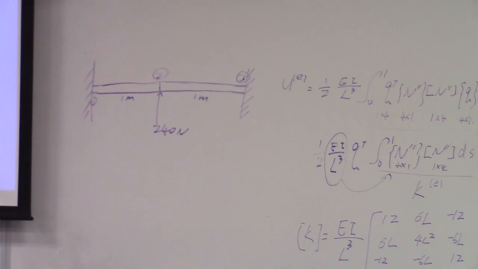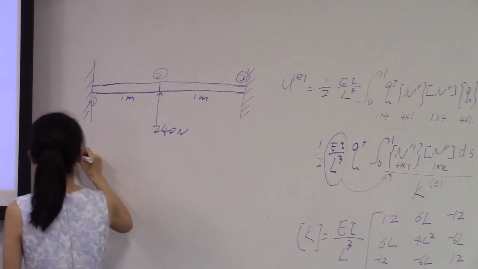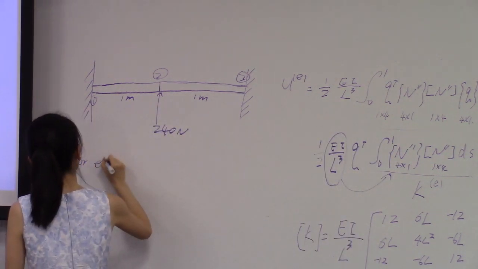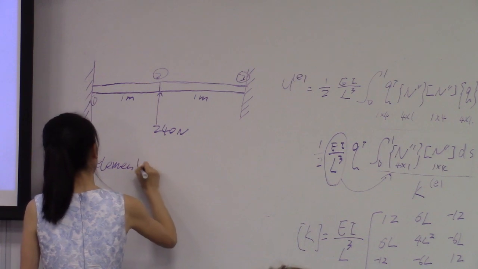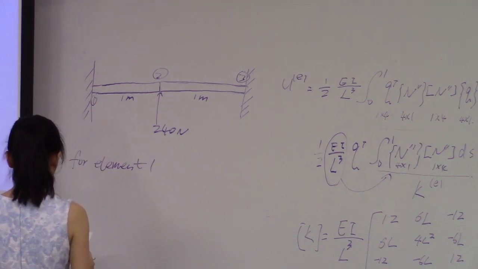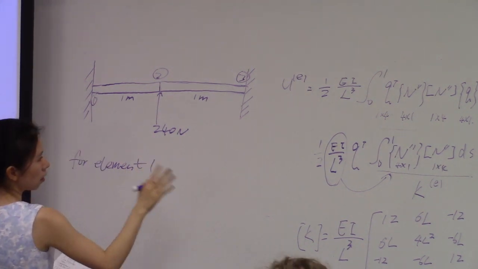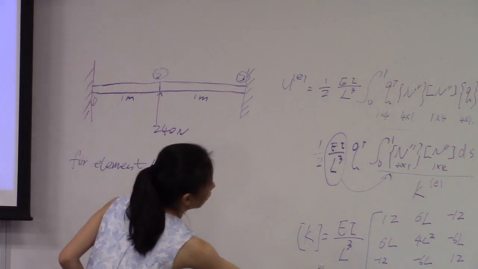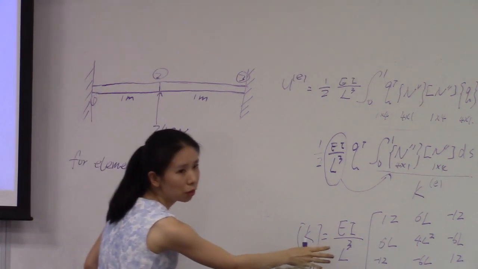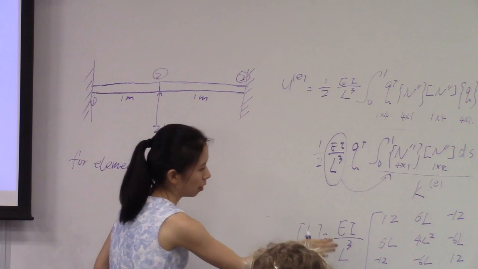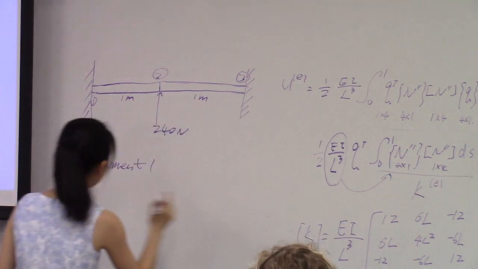K, Q, F. So we need to find the stiffness matrix for element 1. I wrote it here. Use this one. As I said, you do not need to derive this in your homework or exam. You can just use it directly. So let's see how to use it.